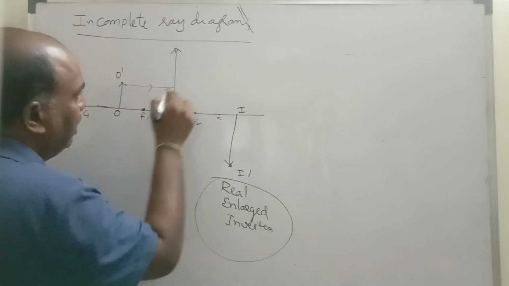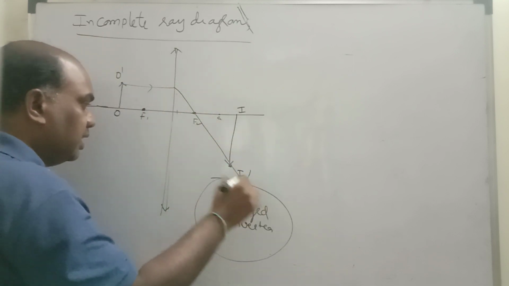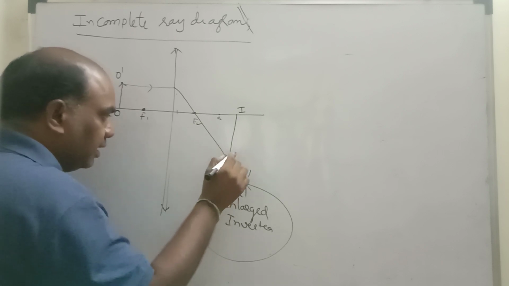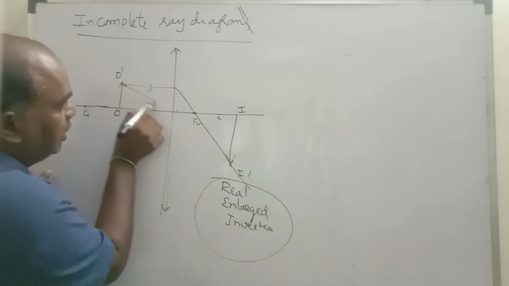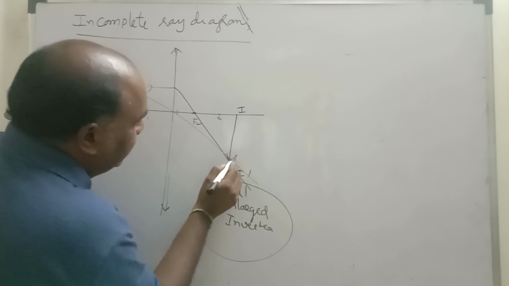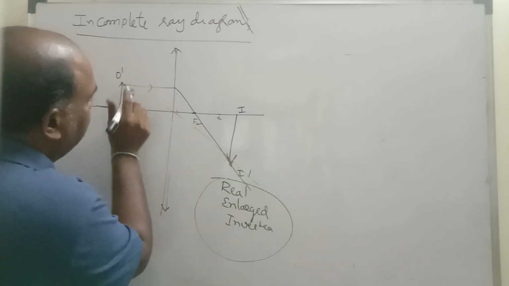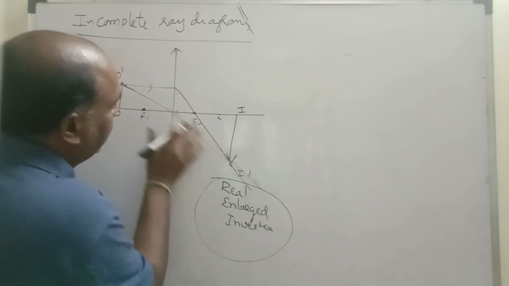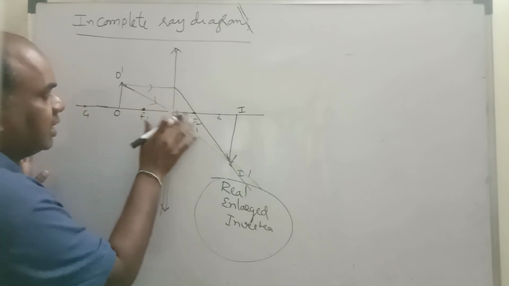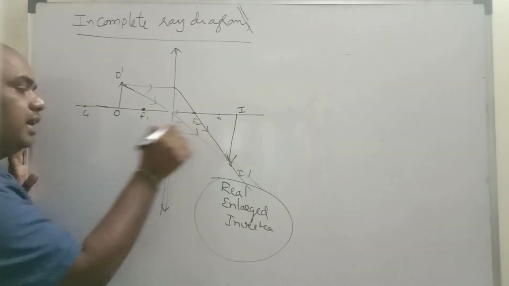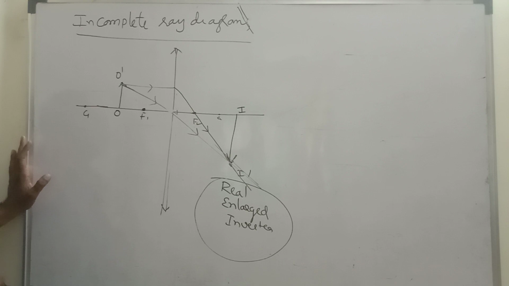Parallel incident ray after refraction goes through the focus, and it should go like this. One more ray going through the optic center will be undeviated. This is the intersecting point. At the intersecting point the image forms. This is the incident ray, refracted ray. Like this you have to draw incomplete ray diagrams. Very important. If two dots are given, you have to complete like this.